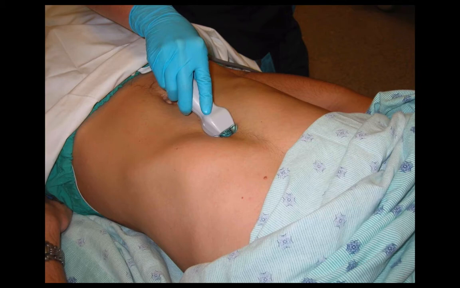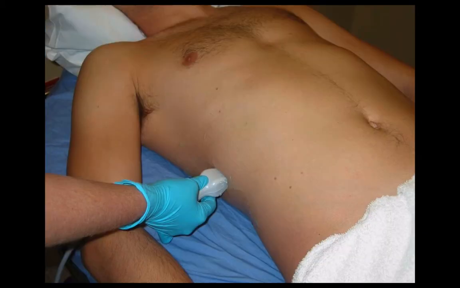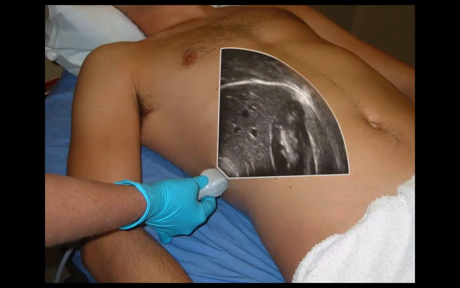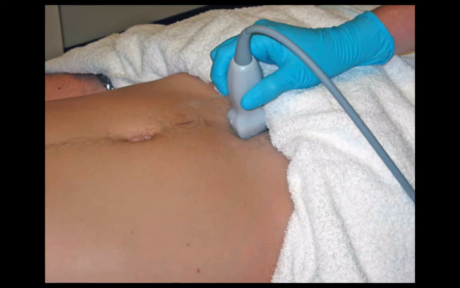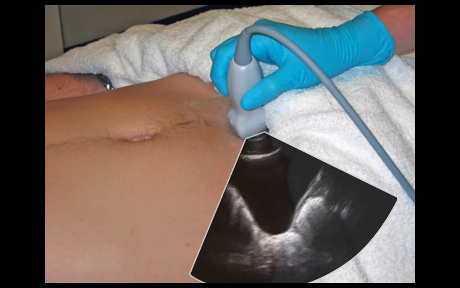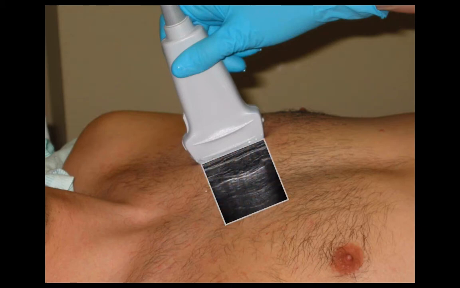You have the subxiphoid, looking at the heart from the subxiphoid area. You have the right upper quadrant, the left upper quadrant, and the suprapubic. And in the extended FAST, we look at the lungs on both sides.